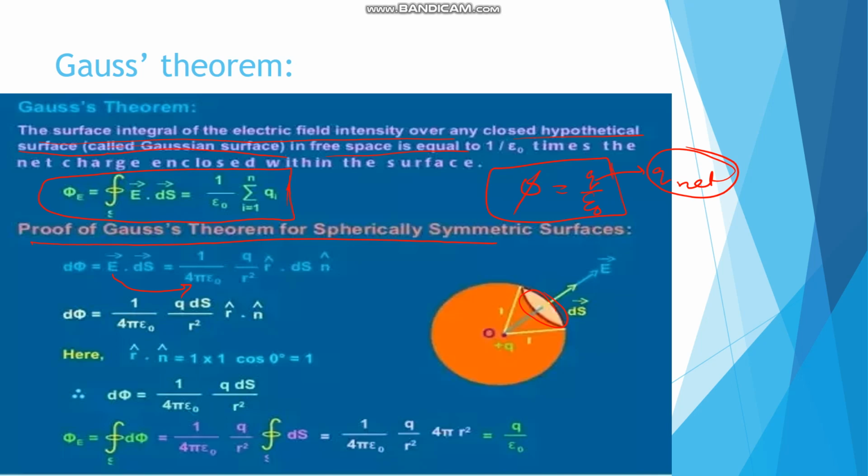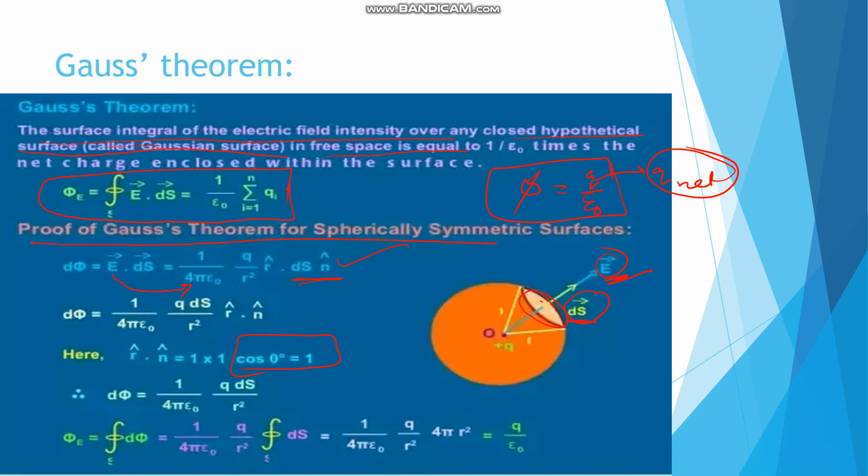R cap represents the direction of electric field intensity, and dS n cap, this n cap represents the direction of the area vector. The direction of the area vector of this surface and the electric field is the same, so the angle between both quantities is 0 degrees, and cos 0 is equal to 1. Now we get d phi equal to 1 by 4 pi epsilon naught times q dS by r square.